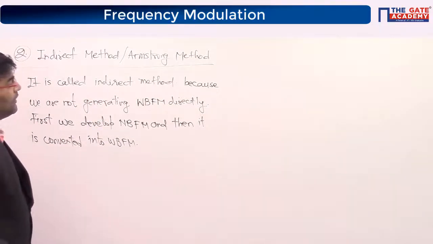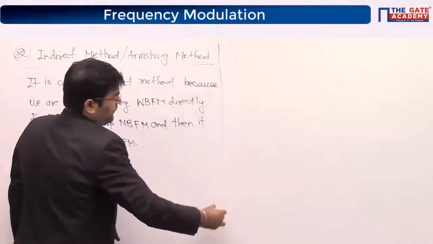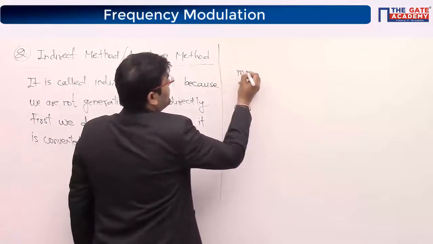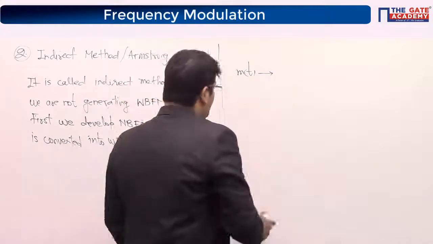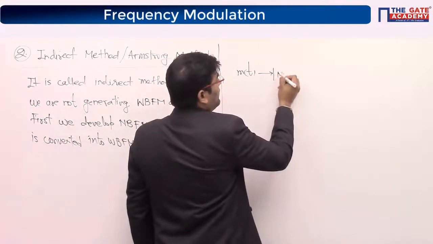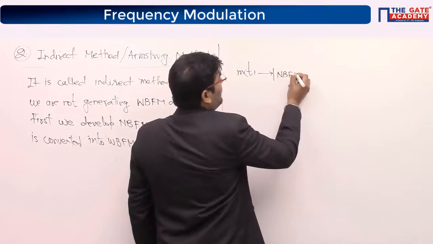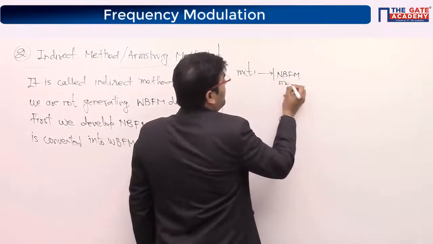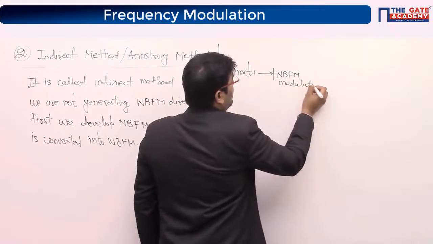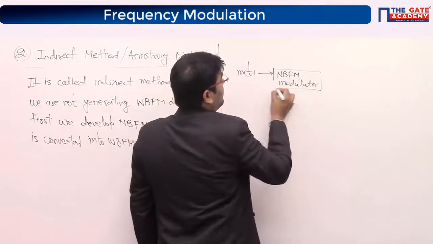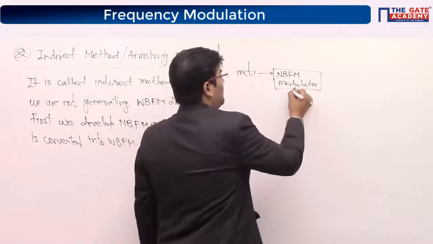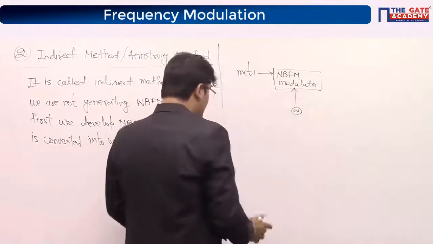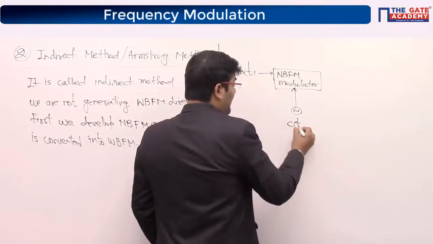So if you look at the circuit diagram, you will see something like this. You have a message signal m(t). You put this into a narrowband FM modulator. And you have a local oscillator from which you get the carrier c(t).